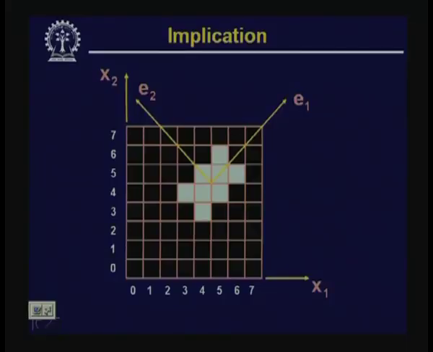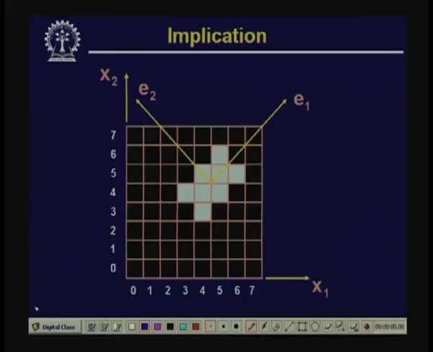Now, let us see the other aspects of the KL transformation. This is one of the applications, where the KL transformation aligns the data along the eigenvectors. Another important property of the KL transformation deals with the reconstruction of the vector x from the vector y.